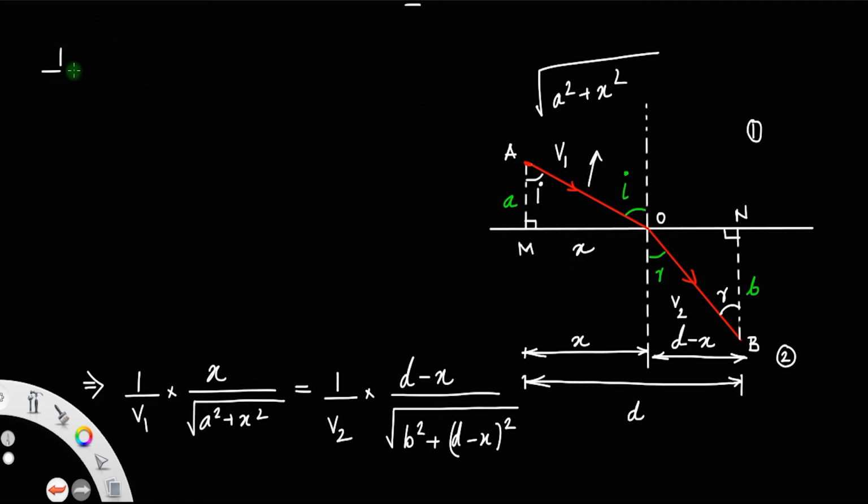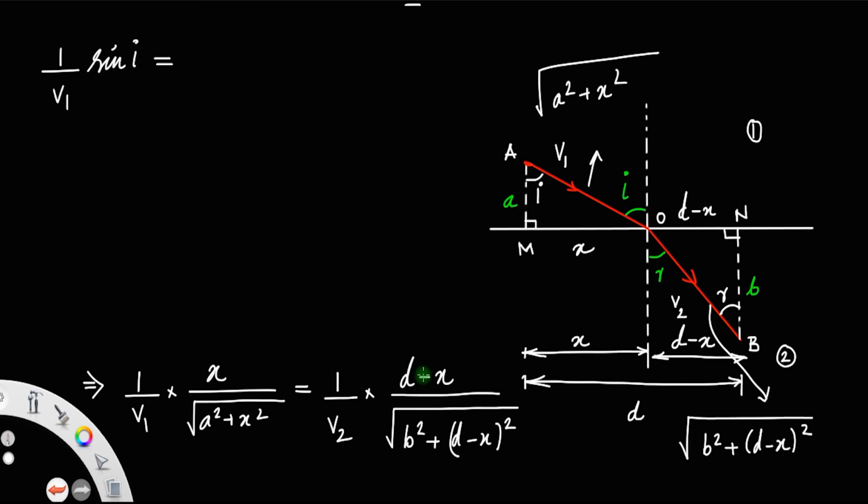So this will be 1 by V1 sine I, equal to, similarly, OB equal to root of b square plus d minus x whole square, and ON is d minus x.